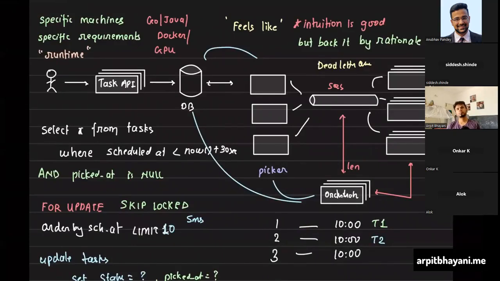So we created this asynchronous dependency to prevent our picker plus executor machine from exhausting the thread pool very quickly. That is one of the reasons, yes.